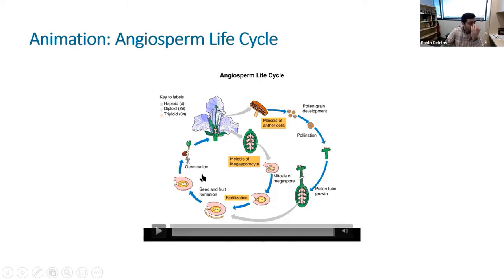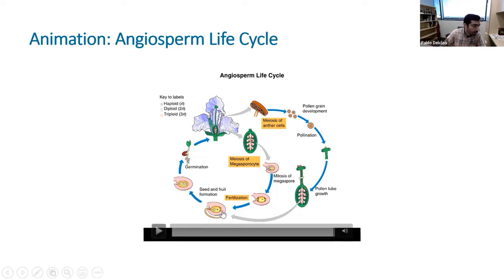All right, so a couple things to make note of there. The flower has both male and female components, and then fertilization occurs, either with itself, depending on the flower, or with individuals from another plant. What's important to note is that this term double fertilization refers to two sperm cells penetrating the ovule.